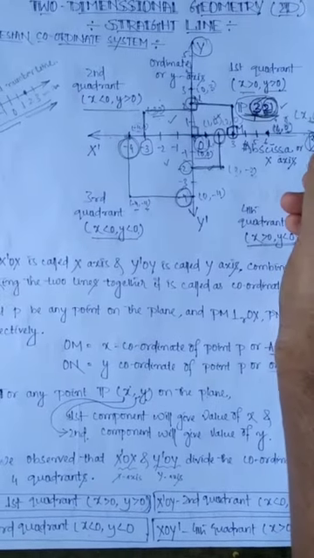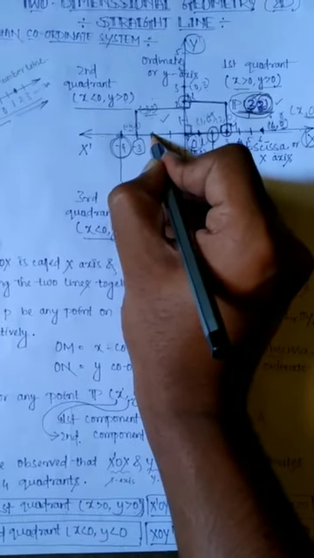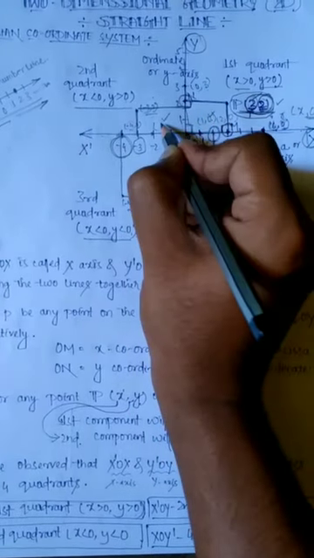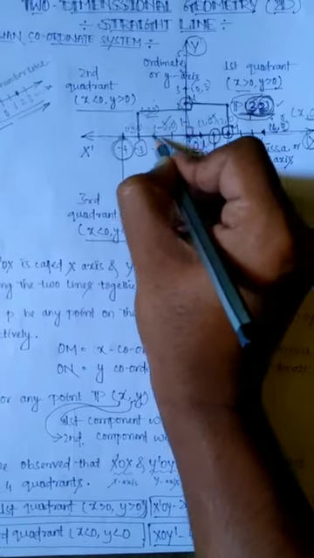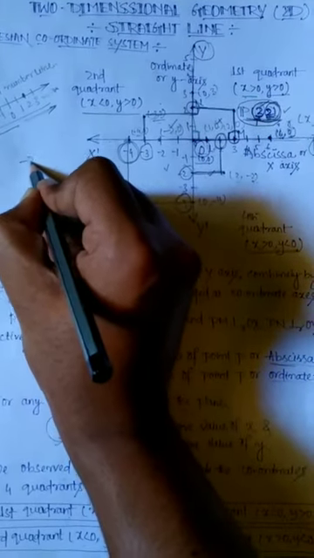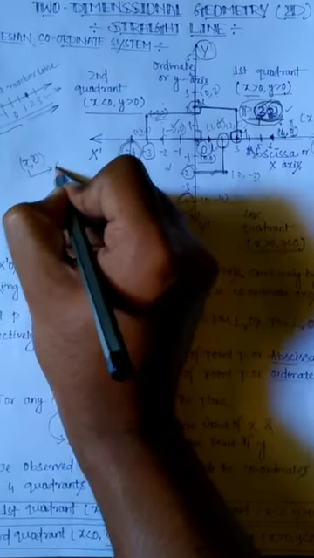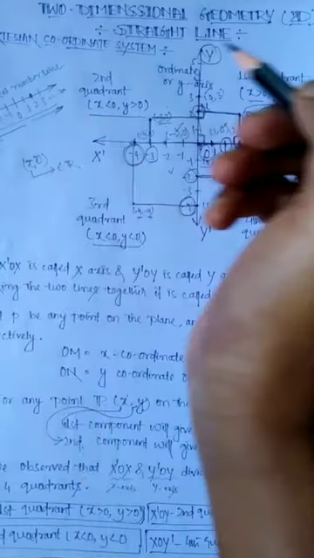That means the y coordinate is 0 for every point. Here also you can see this is the point minus 2, 0. So any point on the x-axis is of the form x, 0, and x belongs to real numbers.